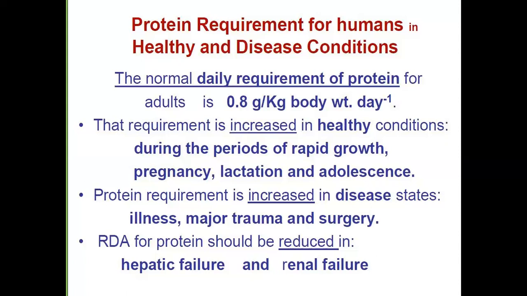So the recommended dietary allowance of protein of mixed biological value is about 0.8 grams per kg body weight. That is, a 70 kg man requires approximately 56 grams of protein per day.